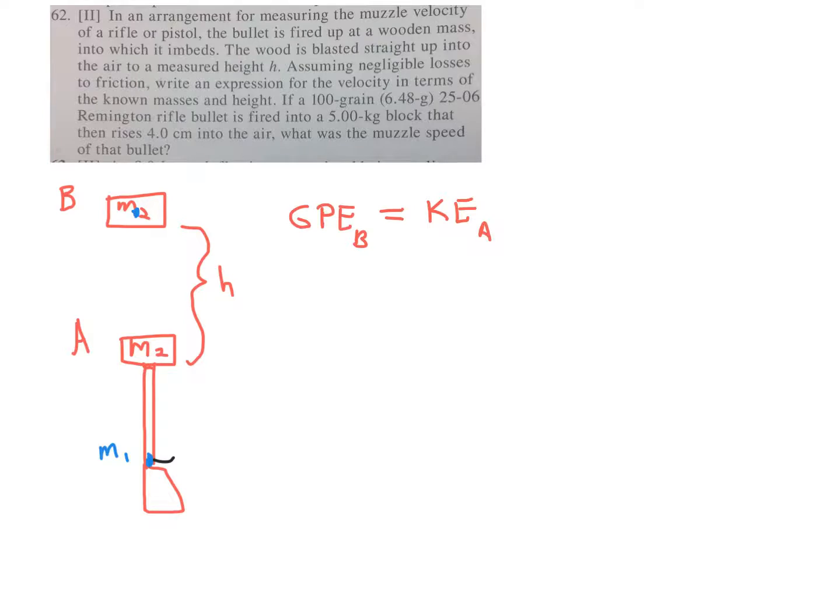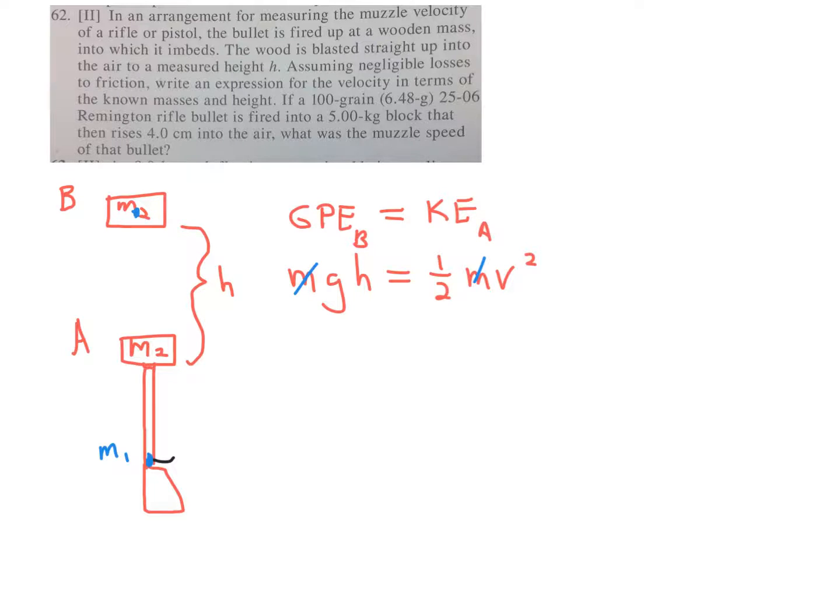Bottom line, I'm doing a generic statement here: MGH, where that M stands for the two masses together, equals 1/2 mv squared upon launch. And once again, that's the two masses together. Both of those are the combined masses after the bullet has been fired into the block and the block starts upwards. So those can be canceled.